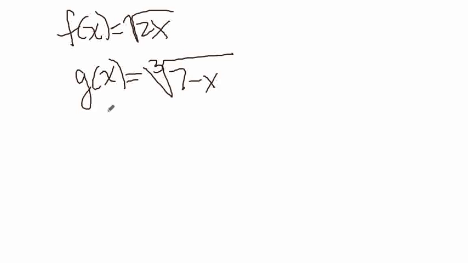It's okay to take the cube root of a negative number, so for g of x, the domain is unlimited. However, for f of x, x cannot be negative. It can be 0, it can be any positive number, but x can't be a negative number. So the domain for the first one is all non-negative numbers.